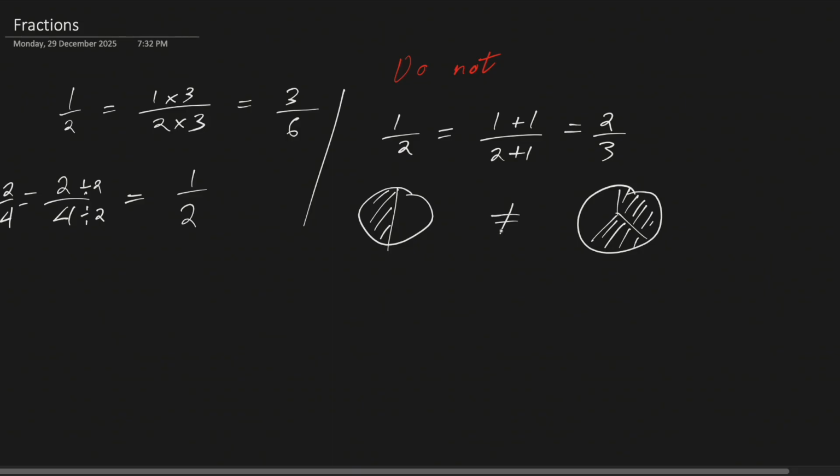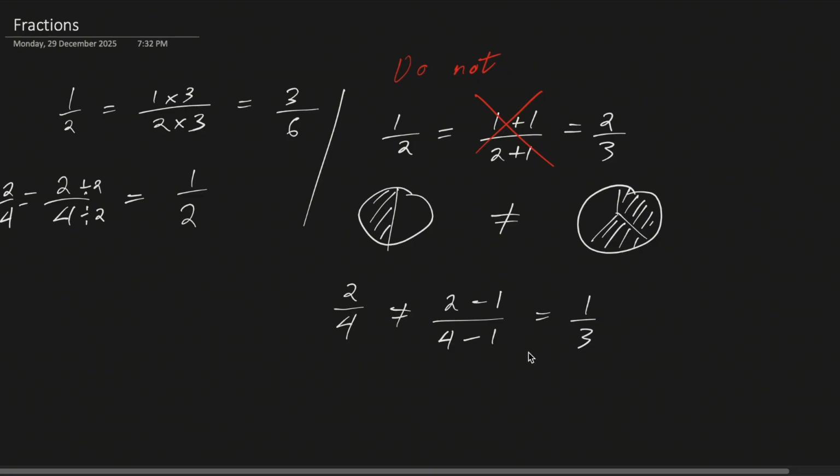You can't do that, so you aren't able to do the same thing we did with multiplication and division. And the same goes for subtraction. If you had 2 over 4, you cannot say I can subtract 1 from the top and 1 from the bottom and get 1 over 3. This is also nonsensical.